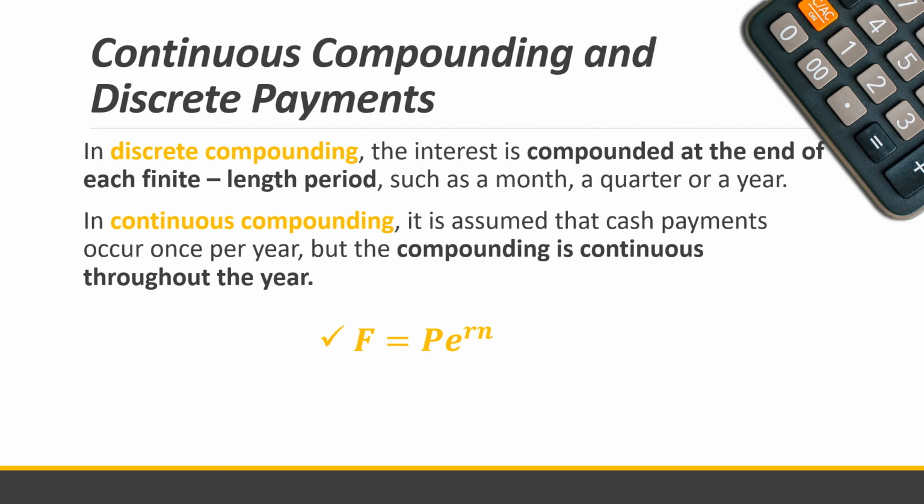Where r is the nominal rate and n is the interest period. So also if we transpose the P, if P is what we are looking for, then P is equal to F multiplied by e to the power of negative r times n.